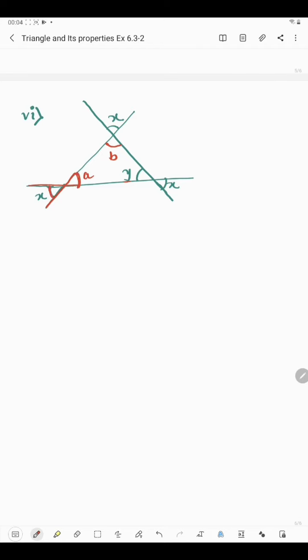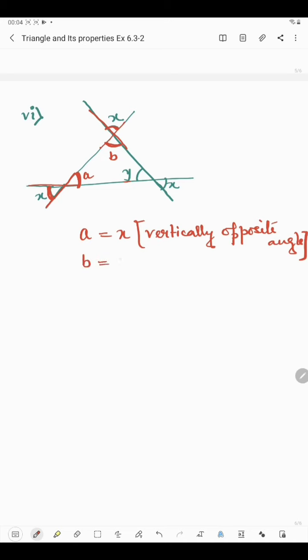So here this angle A will be equal to angle x, as these are vertically opposite angles. Now here this B is also equal to x, because these two lines also cross each other. So the value of B is also x. Why? Because this is vertically opposite angle.